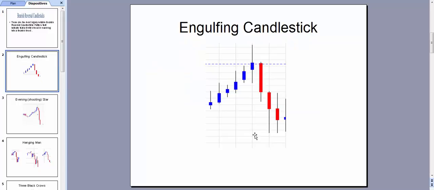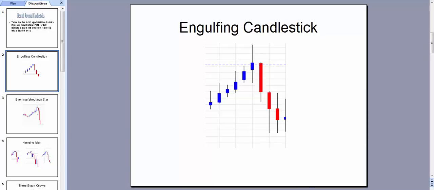So the first one is the engulfing candlestick pattern. We've seen this pattern in the recent video when we looked at the bullish candlestick patterns, and this one we will see on an uptrend, when it indicates a bearish trend starting.